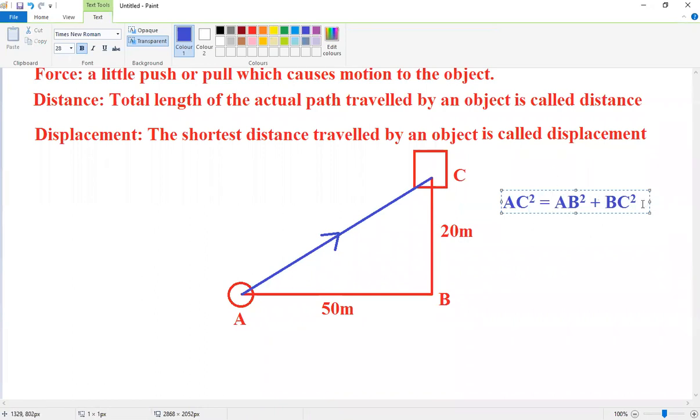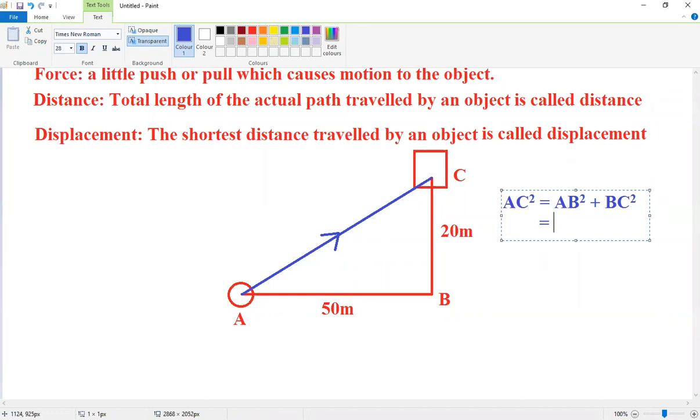How much will it be? AB square is 50 square, which is 2500, and BC square is 20 square, which is 400.